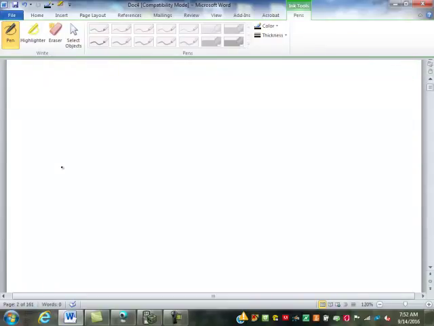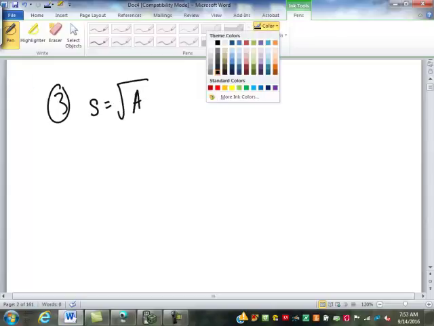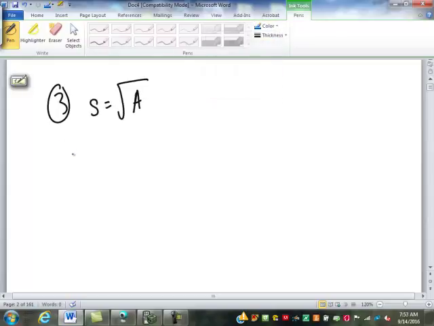Number 3 then is giving you the area and asking for the length of the side. So the length of the side is just the square root of the area. We're reversing that whole process. And let's do B again.